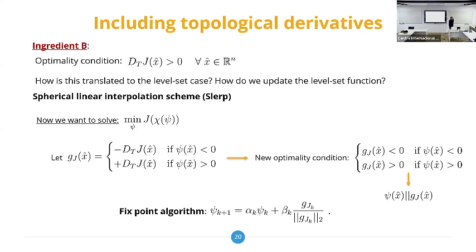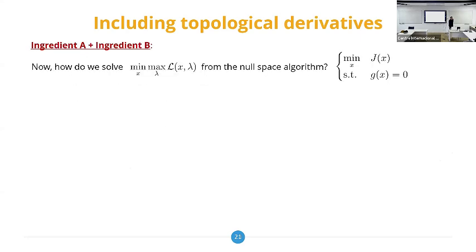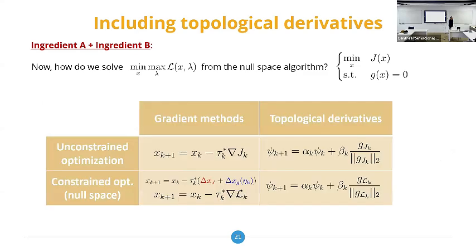How is this expanded in the Null Space algorithm? We have seen so far that for gradient methods, we find for an unconstrained optimization problem the gradient descent formula, and for Null Space a very similar formula where, instead of computing the gradient of the cost function, we compute the gradient of the Lagrangian of this Null Space expansion.